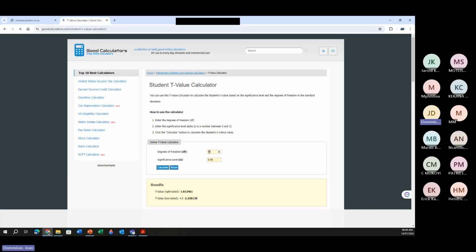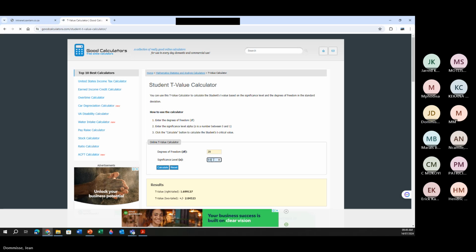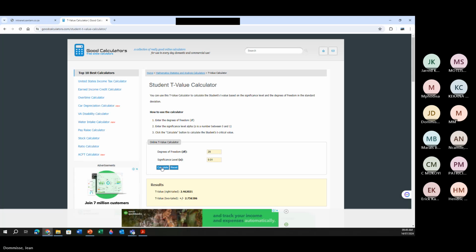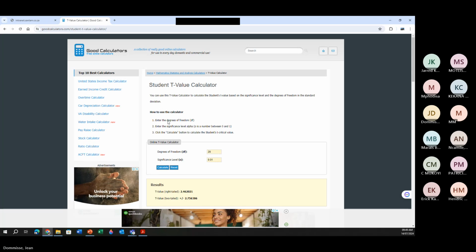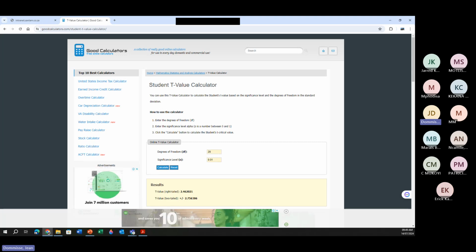Okay, so we set the degrees of freedom was 29, and at alpha it was 0.1.